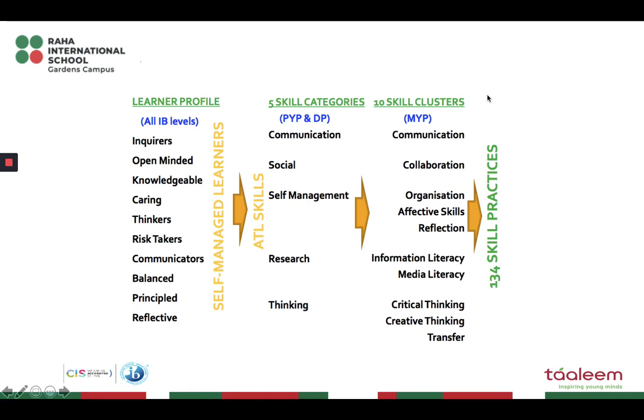In terms of the big picture of skills, starting with the learner profile, skills are linked to the learner profile. In the PYP, MYP and DP we have the 5 categories, but the 10 skill clusters are unique to the MYP, and you can see they are grouped like this.